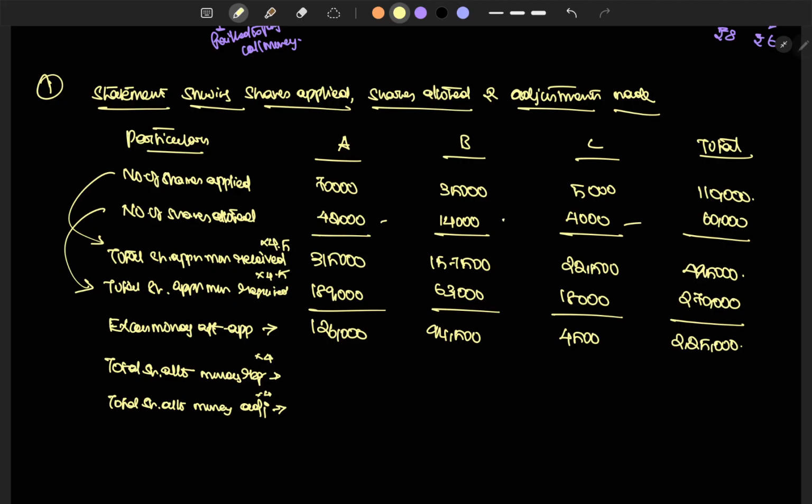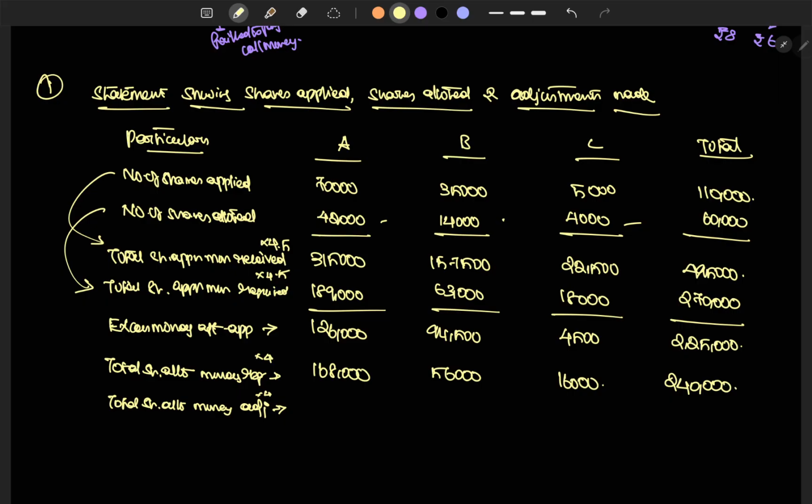So 42,000 into 4, 1,68,000 is the required amount. 56,000 is the required amount. 4,000, this is 16,000 is the required amount. Total share allotment money required is in total 1,68,000 plus 56,000 plus 16,000, which is 2,40,000.